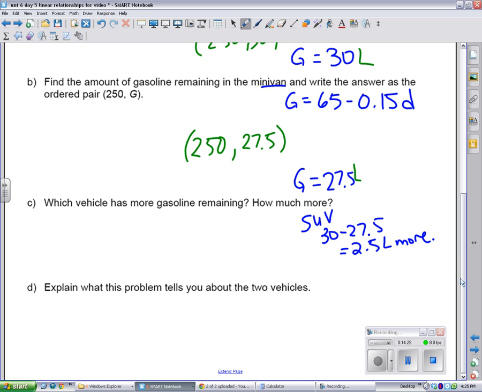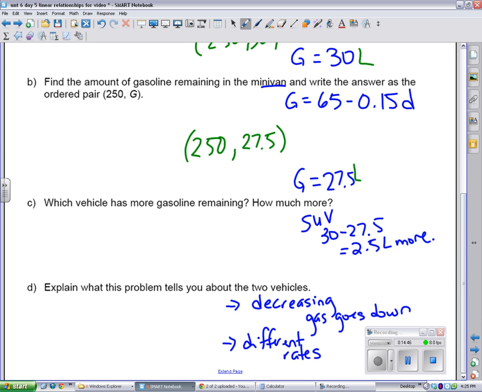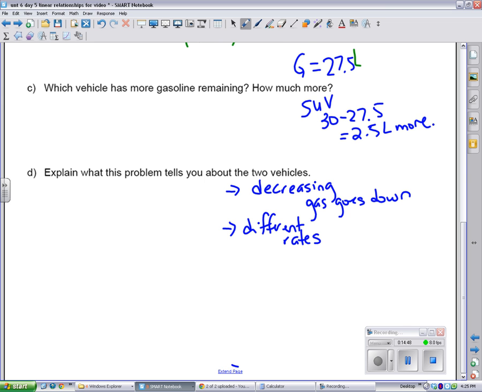So, explain what this problem tells you about the two vehicles. Because the line is decreasing, we know that the gas goes down. We also know that they have different rates, and what we can see from the graph is there's one point where they have the same amount of gas remaining.